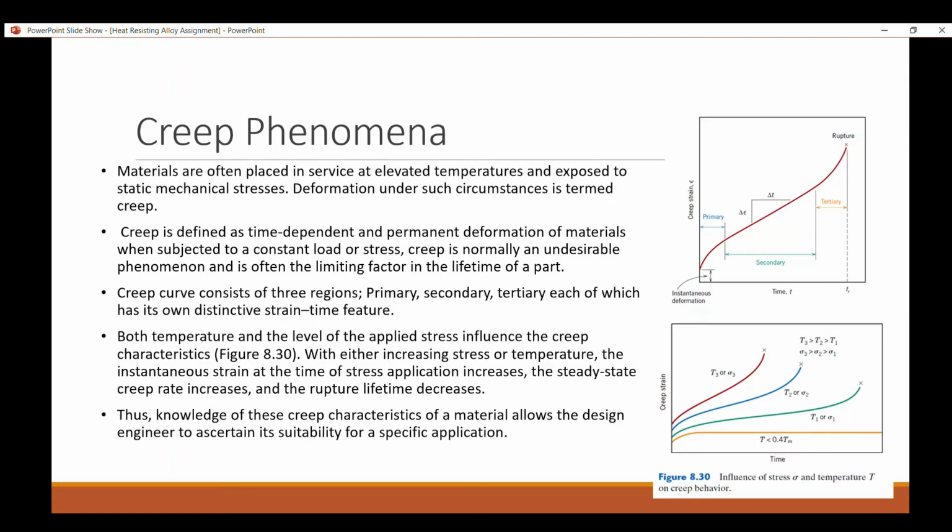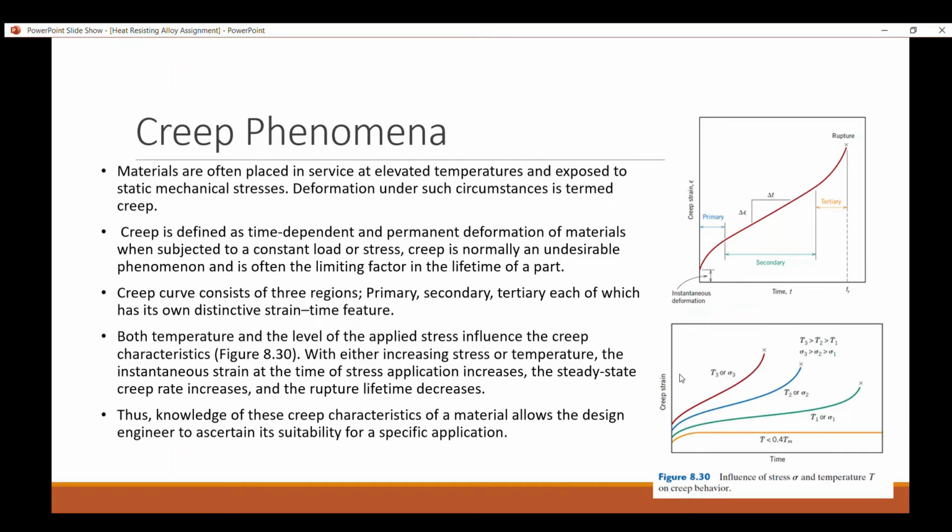And lastly, for tertiary creep, which is this region, there is an acceleration of rate and ultimate failure. As you can see, the slope increases. This failure is due to rupture. This rupture is basically grain boundary separation, and all of these.